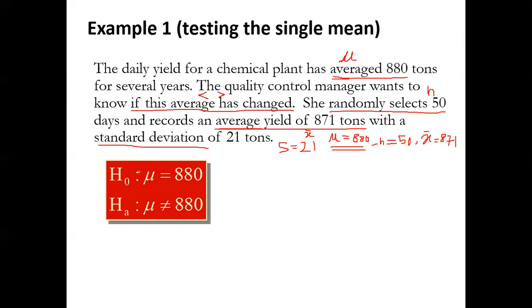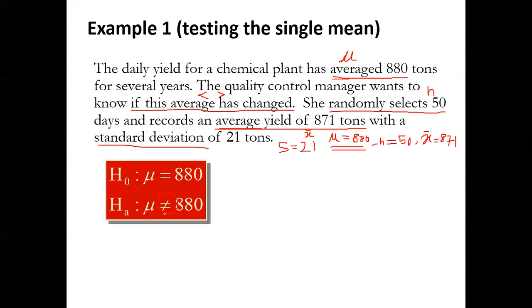So if the null hypothesis is mu equal to 880, the alternative hypothesis, HA, must be contrary to the null hypothesis. So HA is mu not equal to 880.